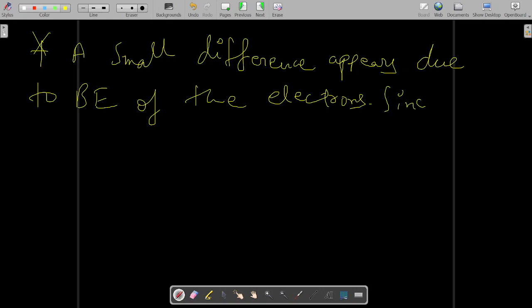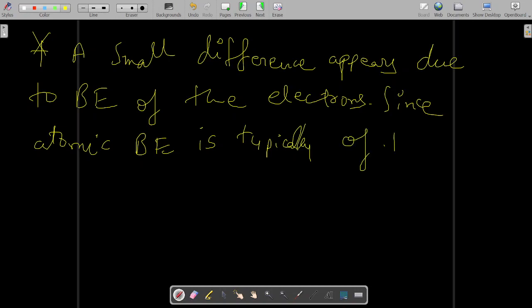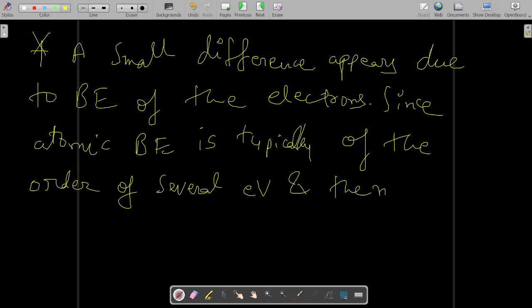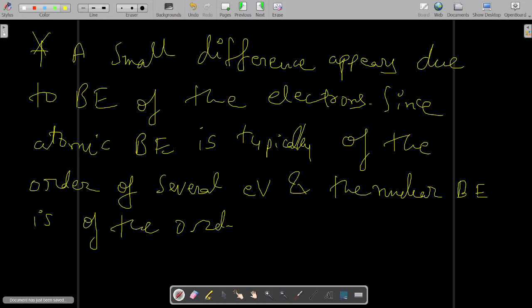Since atomic binding energy is typically of the order of several electron volts, and the nuclear binding energy is of the order of several mega electron volts.